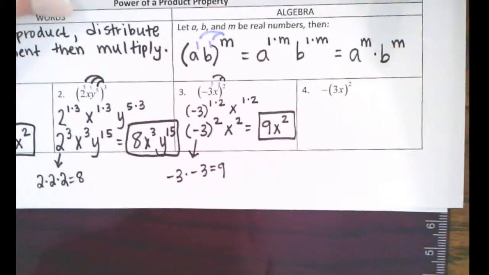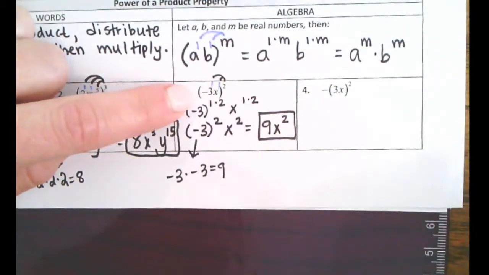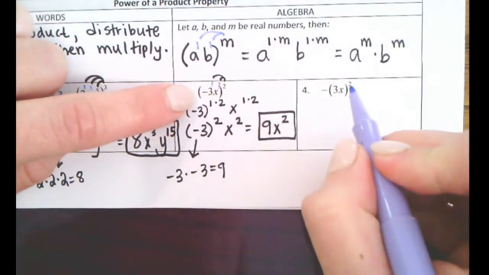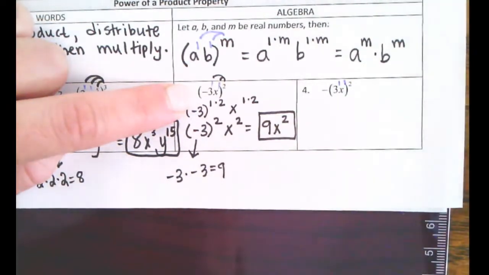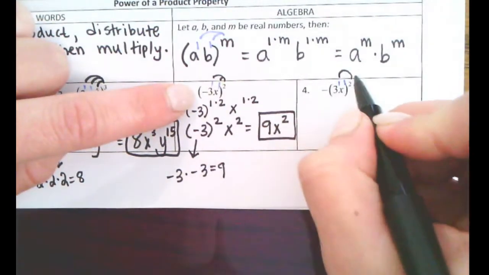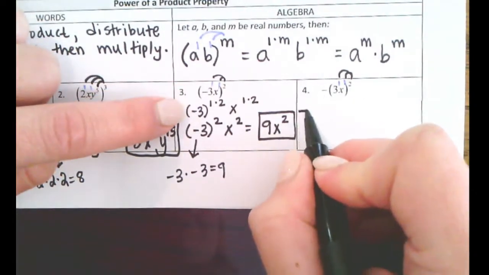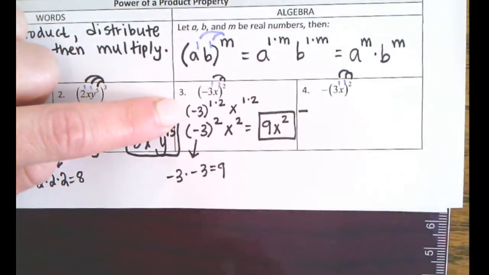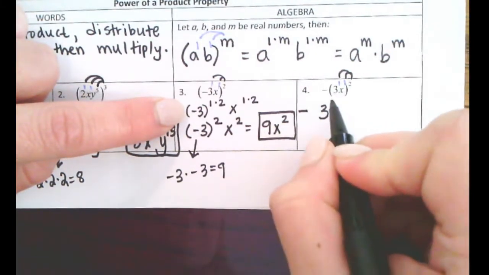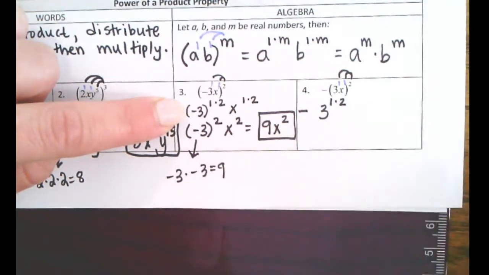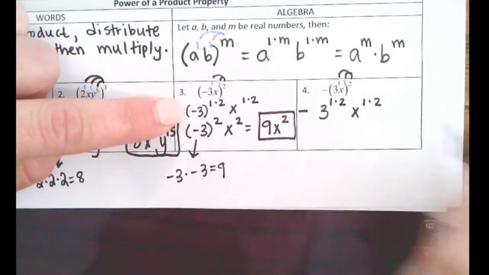Different from that one is number 4, because my negative sign is on the outside. So when I distribute this power of 2 to 3 and x, which have exponents of 1, I'm going to distribute to the 3 and distribute to the x, and I'm going to leave this negative sign, this time on the outside. Because 3 is positive, I don't need parentheses. So I have 3 raised to the 1 times 2, and then I have x to the 1 times 2.